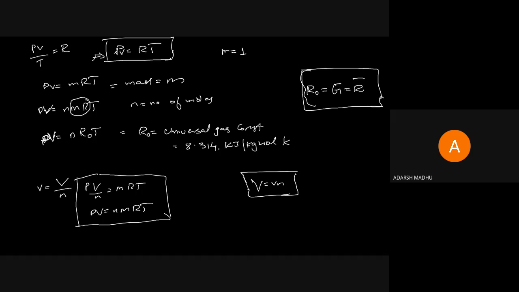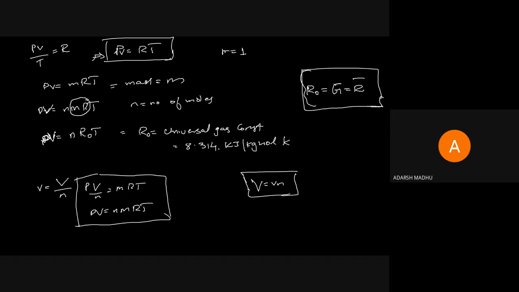For a simple perfect gas equation, for a mass of 1 kilogram or 2 kilograms, we use the normal PV equal to RT equation, with R equal to the characteristic gas constant 0.287 kilojoules per kilogram Kelvin.